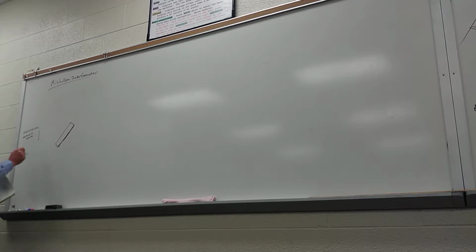Okay, so if we take, say, light from this point on the source, and we consider it traveling over to this beam splitter, we're going to ignore Fresnel reflection from the glass.